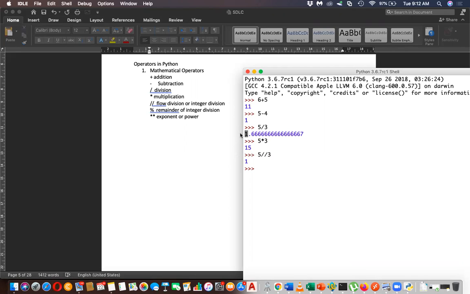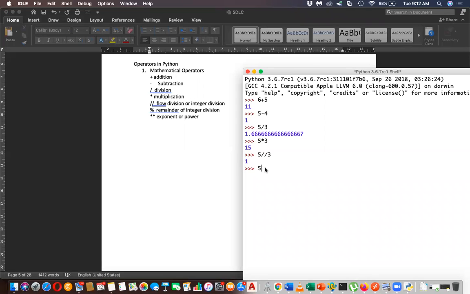When you round it, it will give you the floor value, not the ceiling value. Here you can see if you round 1.6, it should be 2, no? Because it's greater than 1.5. But this is not a rounded value, right? This is the floor value, or the below value, or you can say the integer portion of the division.